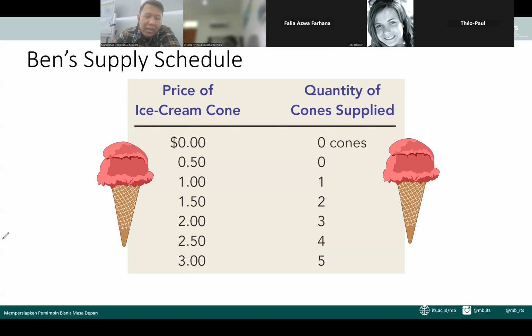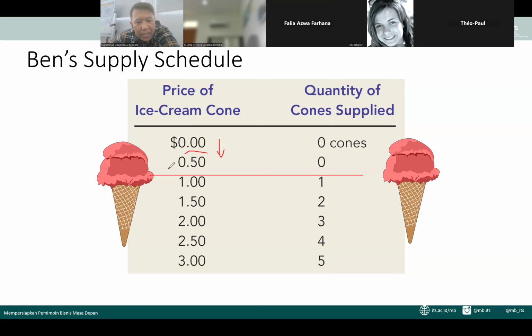Let's try to increase the price. What will happen if we increase the price by $0.50? You see, even at $0.50, there is still nobody selling ice cream. The quantity supplied is still zero. Why? Because they have costs of producing ice cream.